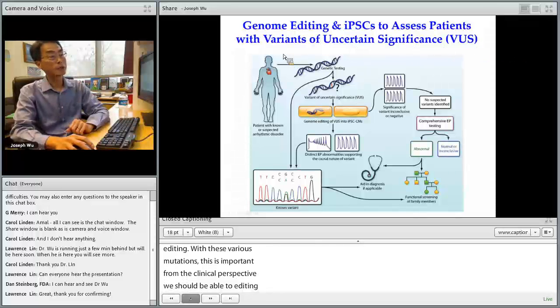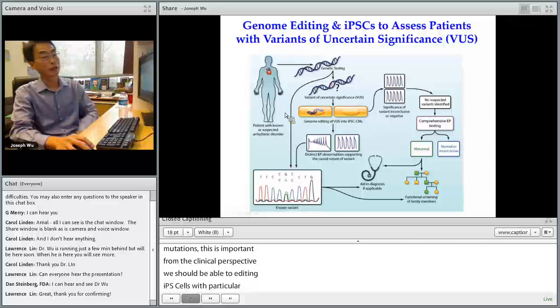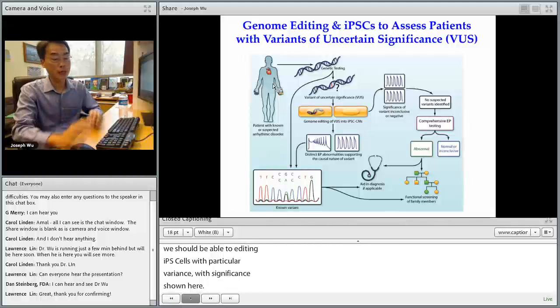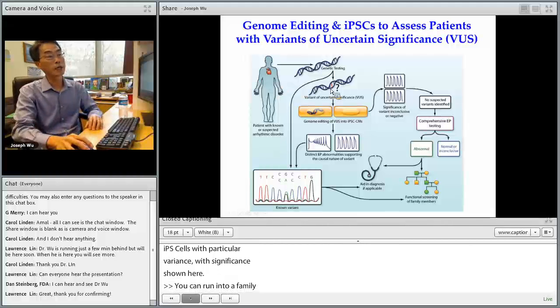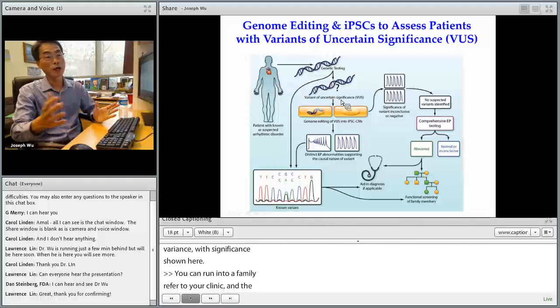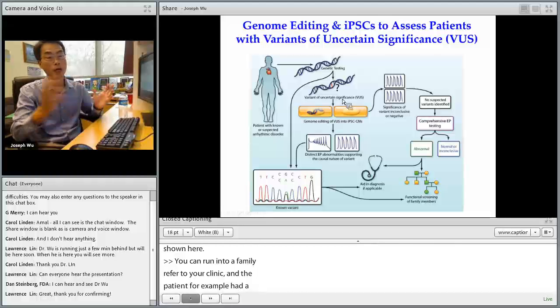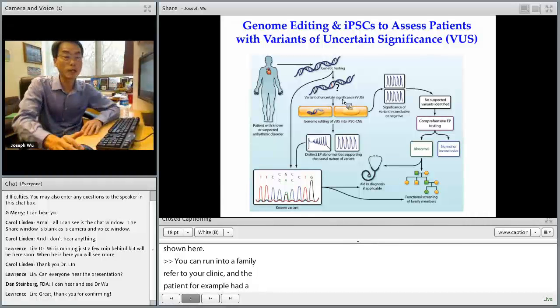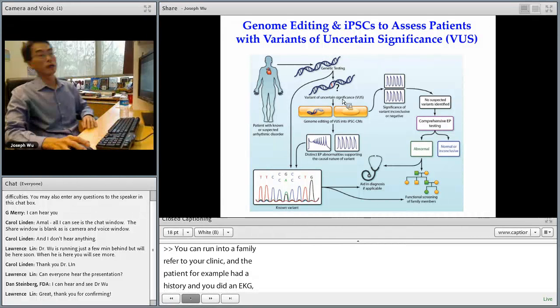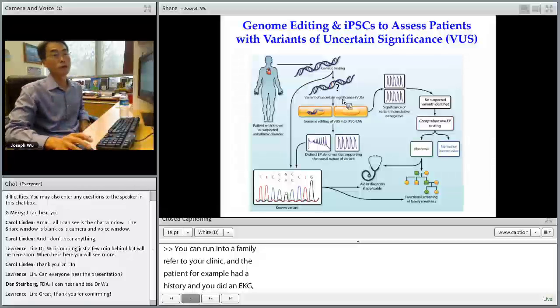So you may run into examples in which a family member is referred to your clinic, and the patient, for example, had a history of syncope, and you do an EKG, and the EKG shows a prolonged QT interval, maybe about 480. It's prolonged, but not overly prolonged.